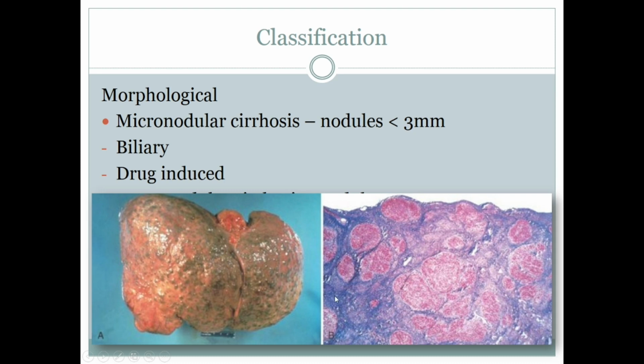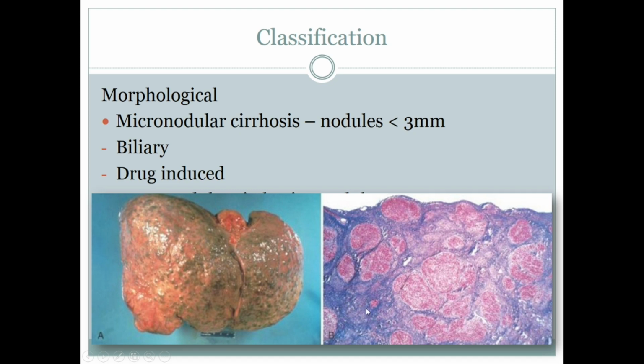So this is Masson's trichrome stain, which actually stains mature collagen. You can see here that this is irreversible damage of the liver, where these reddish things are the hepatocytes. They are the regenerating nodules, and they are surrounded by fibrosis or collagen. There are sometimes thin bands of fibrosis or very thick bands of fibrosis.